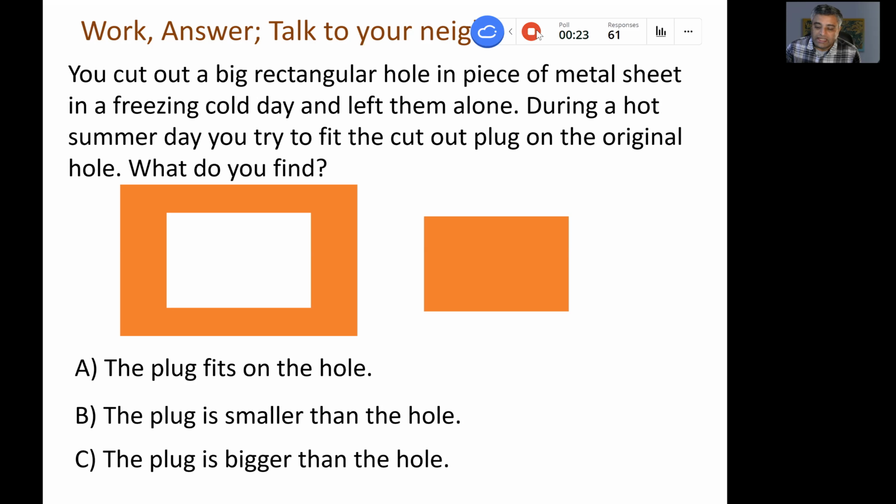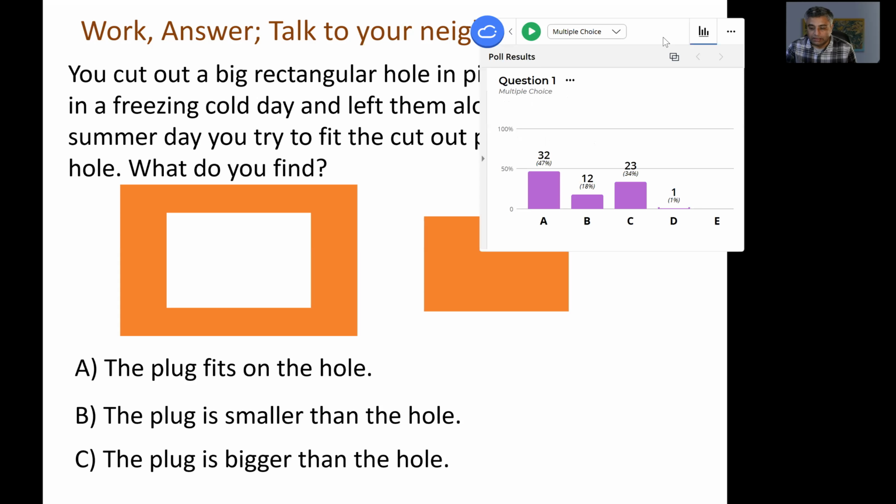And 5 more seconds. 5, 4, 3, 2, 1, and it stops. Now it looks like we are in business.